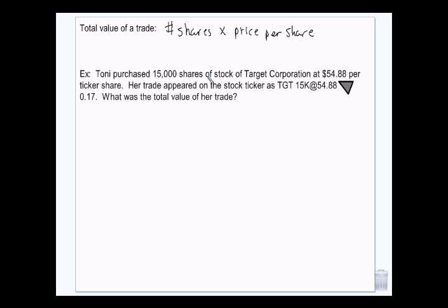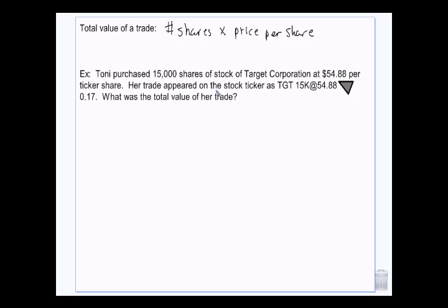And you're talking about the total value of the whole trade. You have the number of shares that you bought, and you multiply that times the price per share. And that gives you the total value of your trade. So this is just extraneous information. We know that her price per share is $54.88.